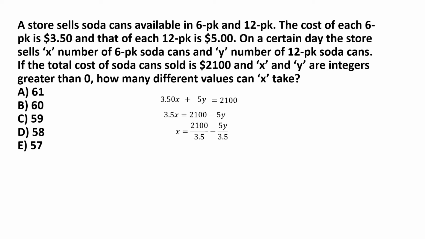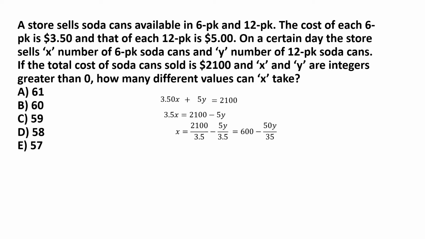Now if you do the math, the first term 2,100 by 3.5 comes to 600, and then for the second term, for that fraction, 5 by 3.5, I want to get rid of the decimal in the denominator. So I multiply both the numerator and the denominator by 10. So that gives me 50 by 35. So I have x equal to 600 minus 50y divided by 35.